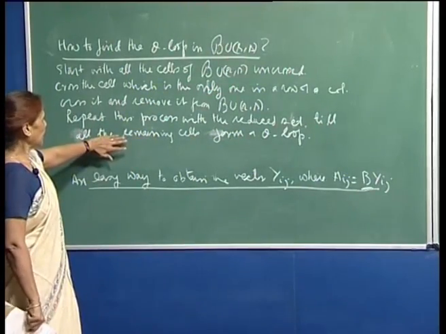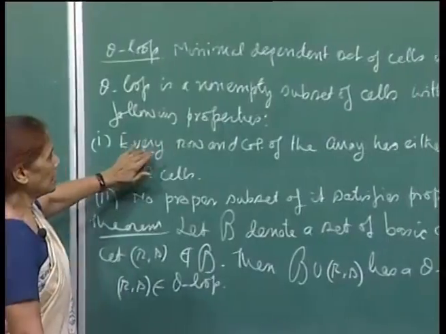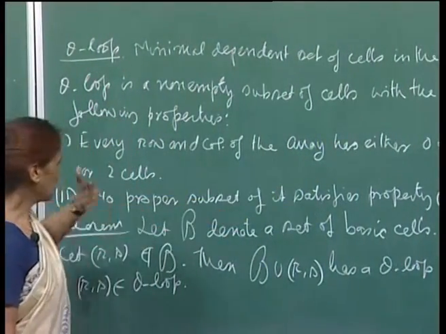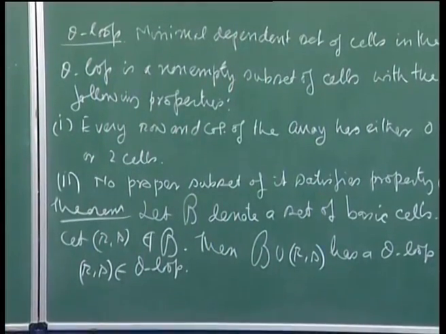So, that means all the remaining cells now will form a theta loop. That means they will have this property that every row or column has either two of them or 0 of them. So, therefore, this is the idea.